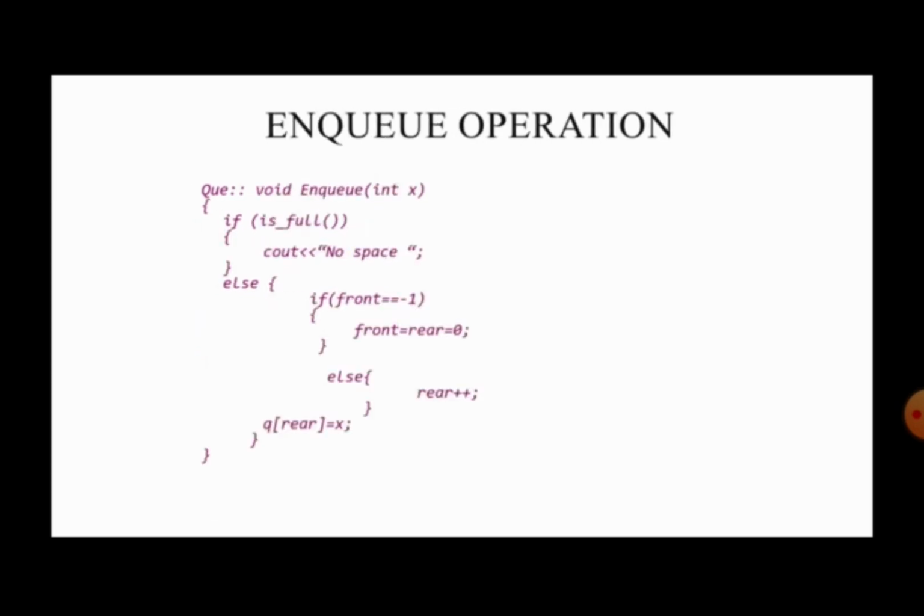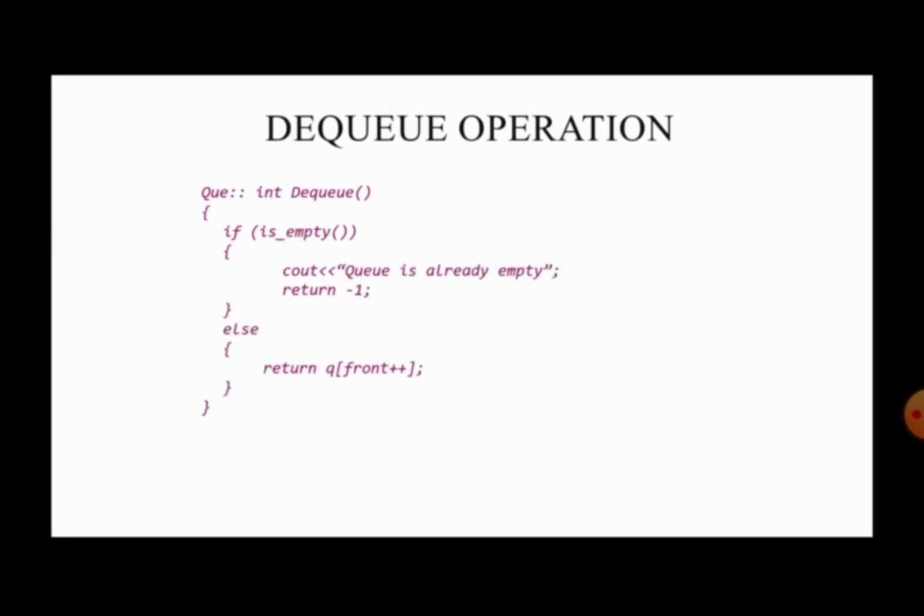So we call method isEmpty, which returns true in case there is no element in the queue, and we simply give the message that the queue is empty. If the value returned by isEmpty method is false, then that means the queue is not empty.